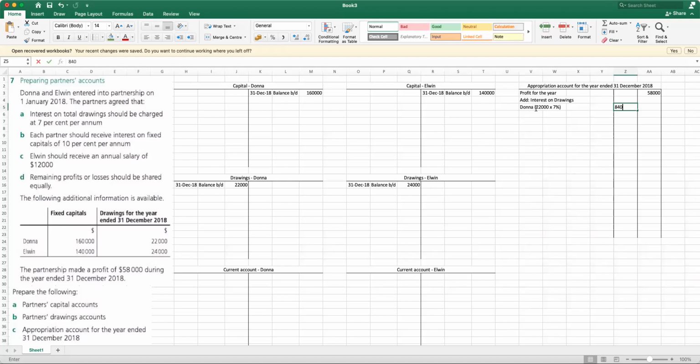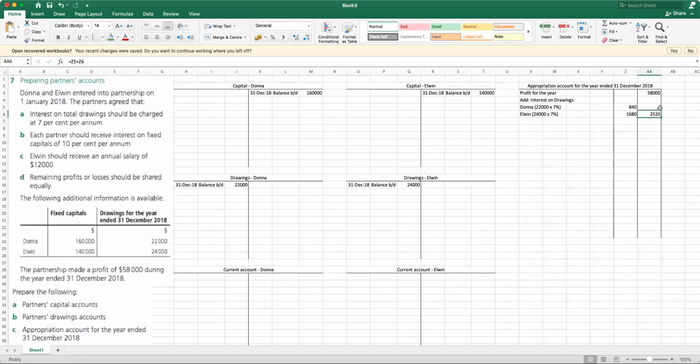So I'm just going to put it here because I need to total them up. And then Alvin will also be 7% of 24,000. So just change this. Double it. 1680. So as you can see, the more you draw, the more you have to pay in terms of interest.